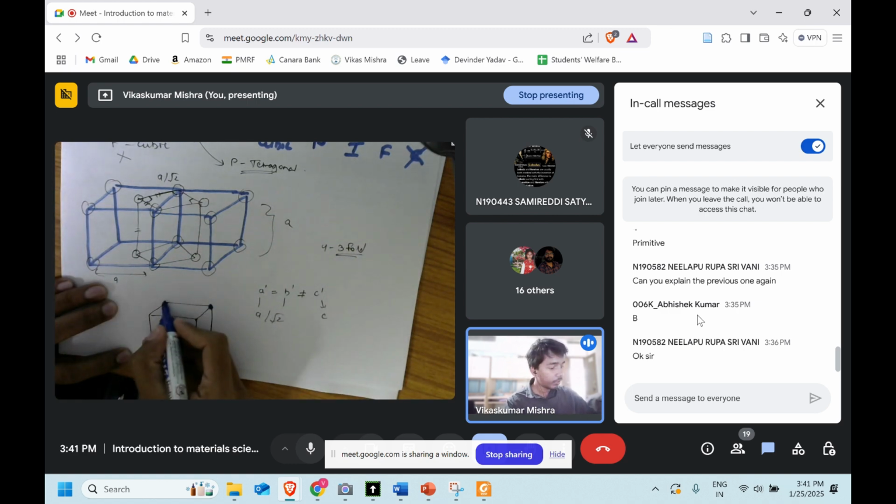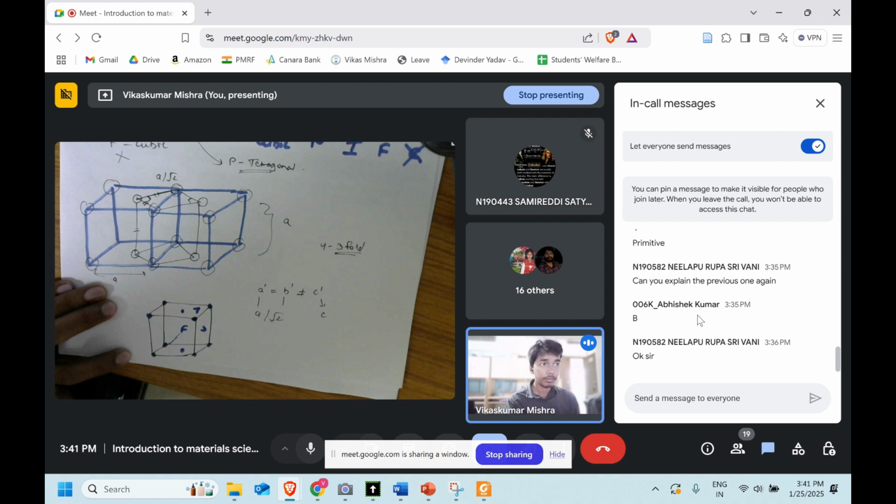There are lattice points at the corners and at the C-center. This is our initial state. We can name the top one as the top face, this will be the side face, and the one facing toward us, this one I'm talking about, is the front face. Now about this particular axis, the body diagonal, I am rotating by 120 degrees.